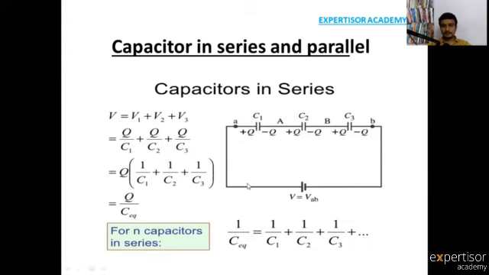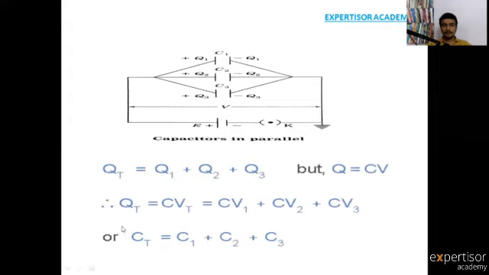So next thing is capacitors in parallel. In series combination, we have three capacitors. Like that, here also we have three capacitors, C1, C2, C3. By using these three capacitors, different amounts of charge are passing through different capacitors.